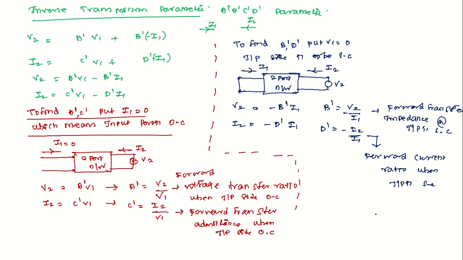So with this lecture we have completed finding the ABCD as well as the A dash, B dash, C dash and D dash parameters.